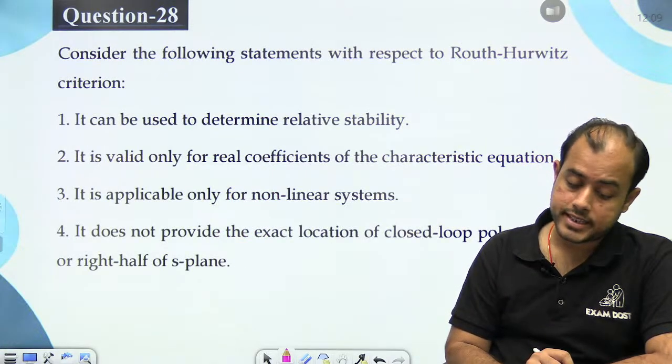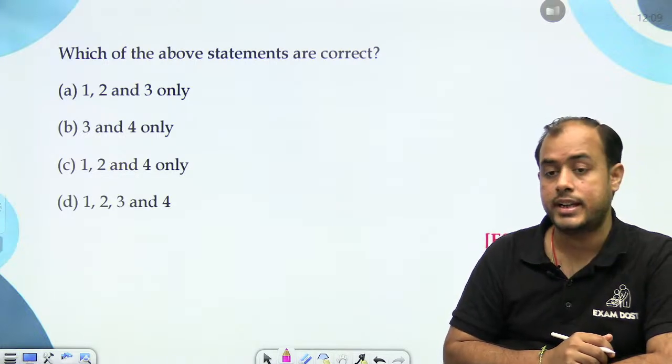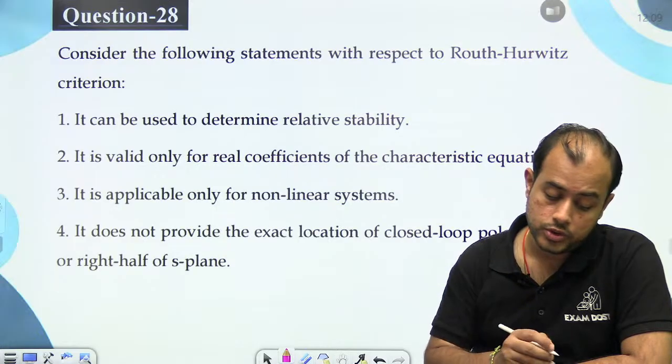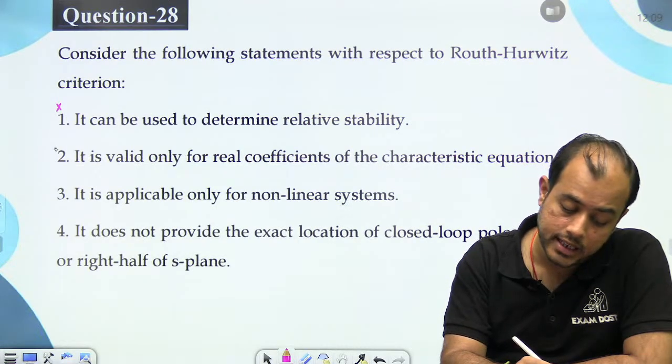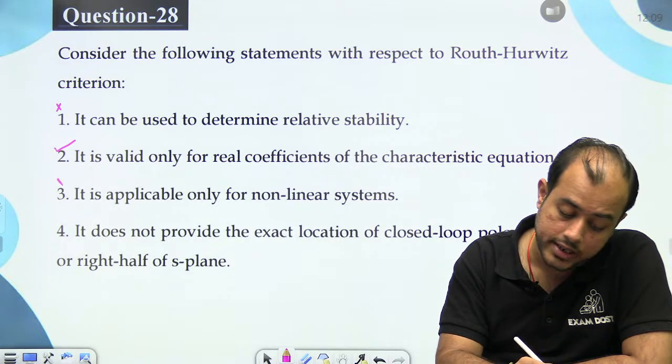Consider the following statement related to Routh-Hurwitz criteria, which is correct. ESE 2015. So it is used to determine relative stability? No. Valid for real coefficients? Yes. Applicable for only non-linear system?